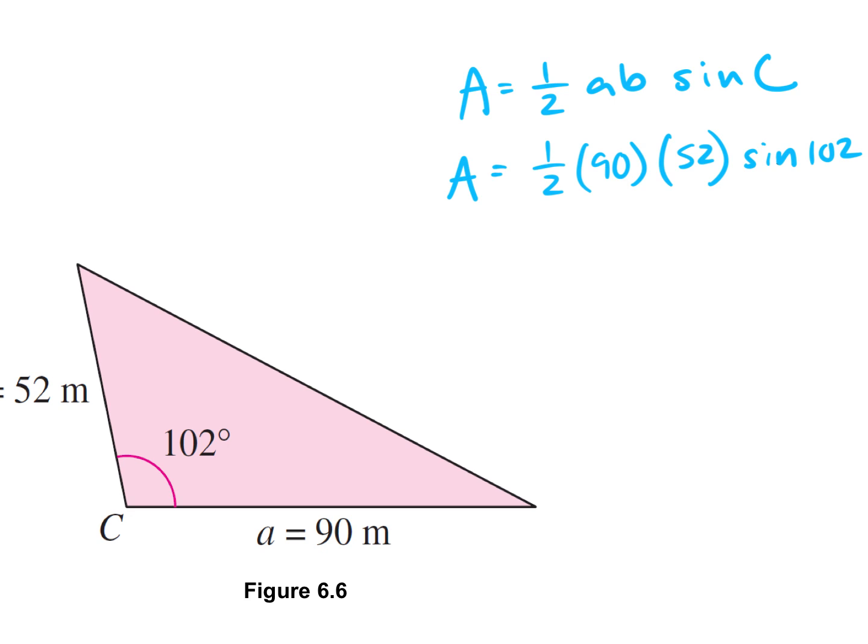Just make sure you know how to use your calculator. I'm going to do 0.5 times 90 times 52. You can plug it all in at once if you want, times the sine of 102. So we should get 2,288.87.